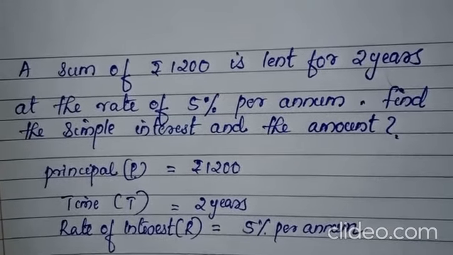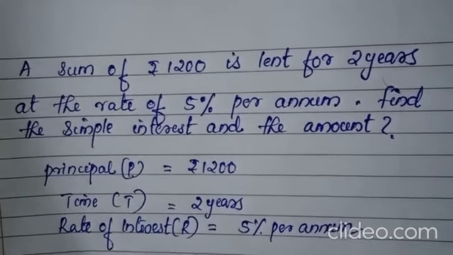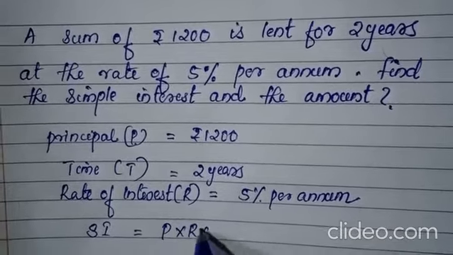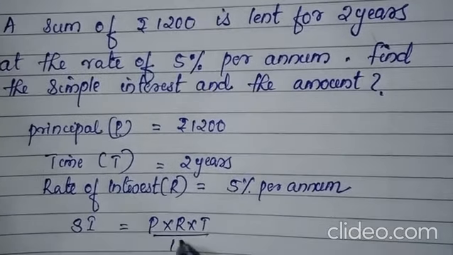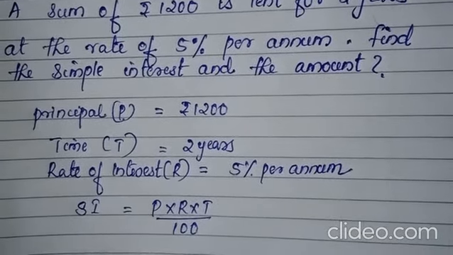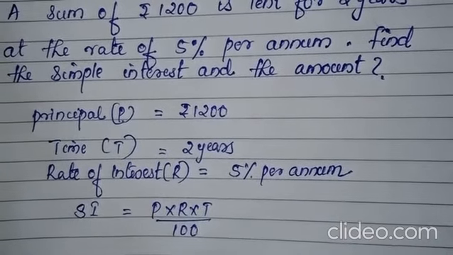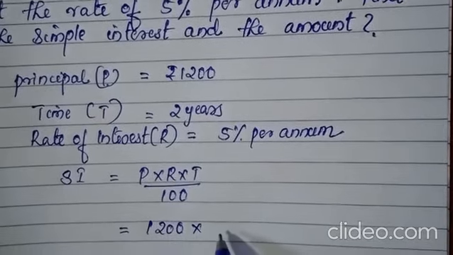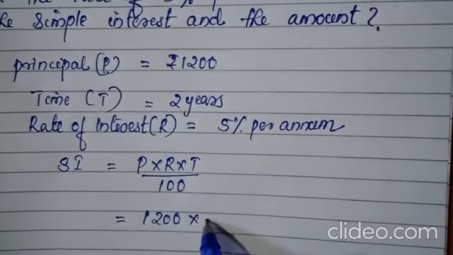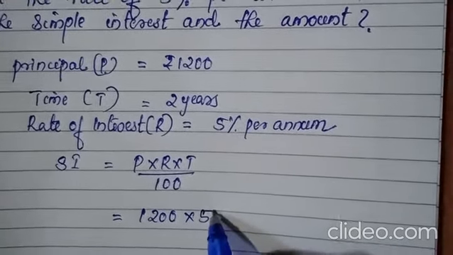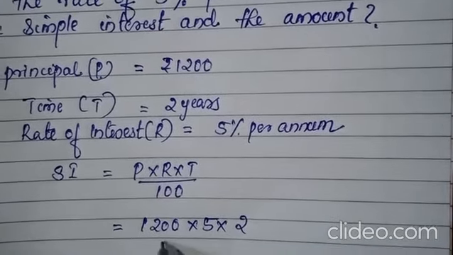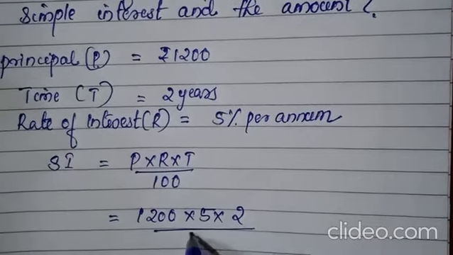So, first we should find simple interest. The equation is SI is equal to P into R into T divided by 100. P is the principal, that is 1200, into R, the rate of interest, that is 5%, into T, which is 2 years, divided by 100.